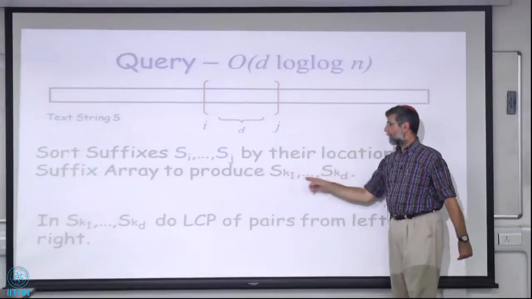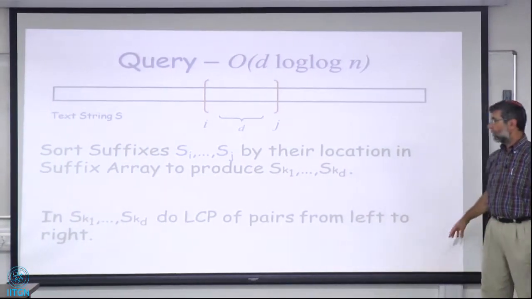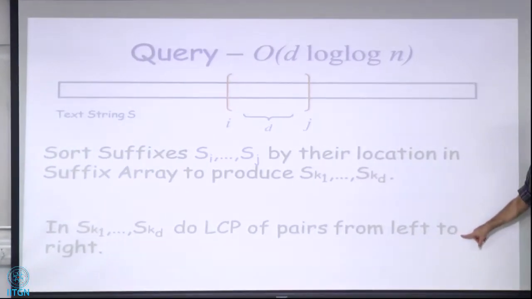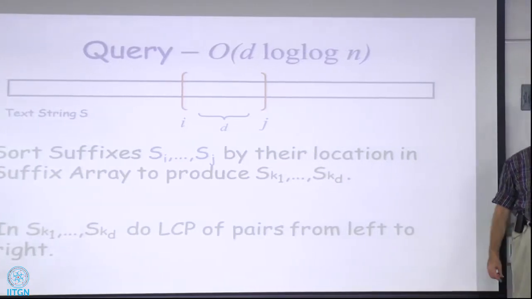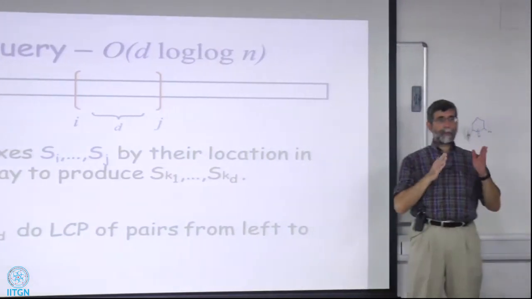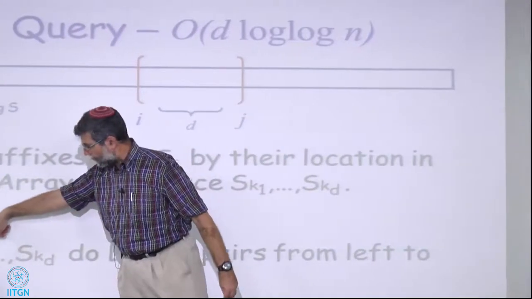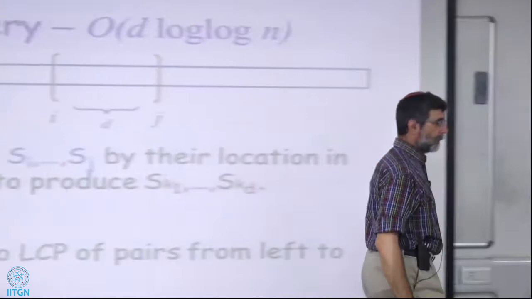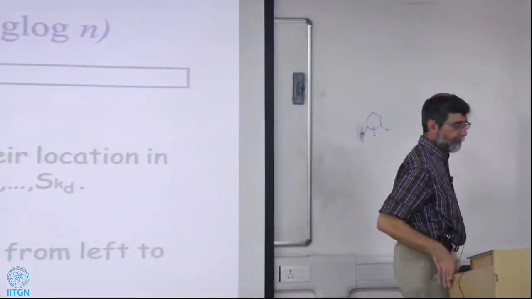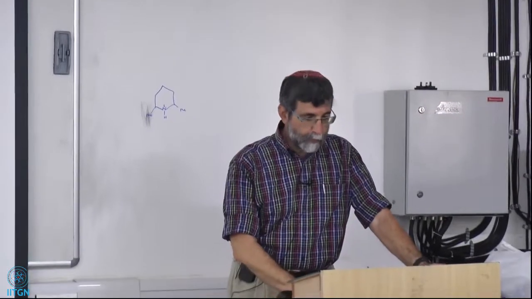So we produce S_k1 through S_kD. So we sort them, and at that point, all we need to do is take the LCP of all these pairs from left to right. So the first pair, 1 and 2, meaning S_k1 and S_k2, then S_k2 and S_k3, S_k3 and S_k4. So we have only D LCPs to do.